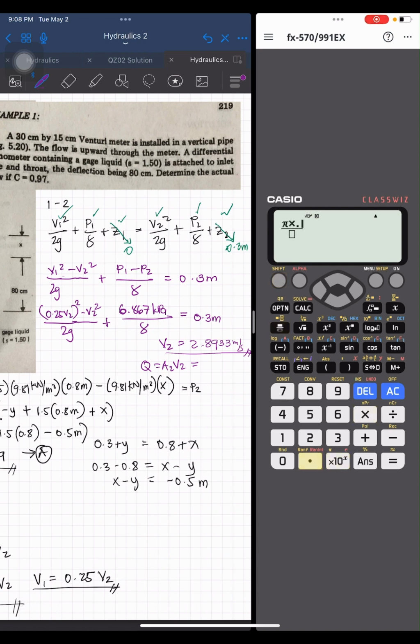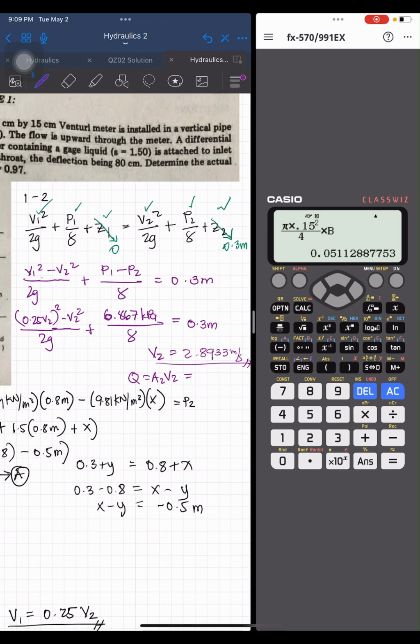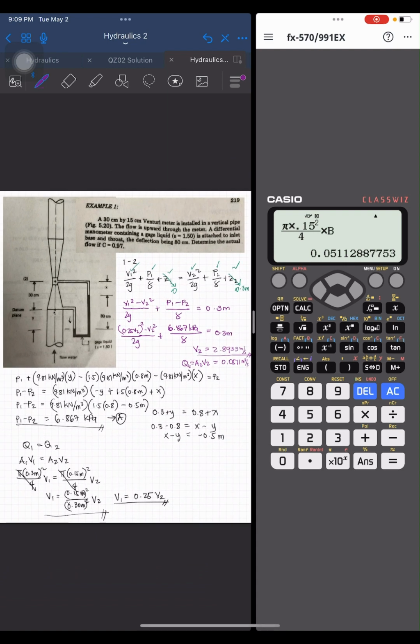Ang gagamitan is 0.15 kasi V2 tayo. We have A2 V2 equals 0.0511 cubic meters per second. That is the theoretical flow. No? Theoretical flow yan.